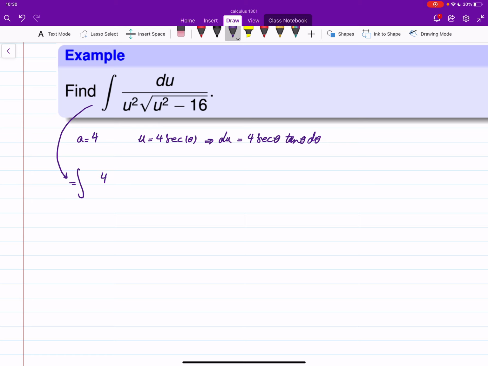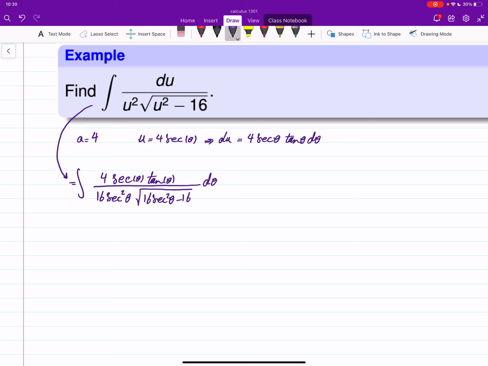In the numerator, we get 4 secant theta tan theta. In the denominator, we get 4 squared, 16 secant squared theta, and 16 secant squared theta minus 16.